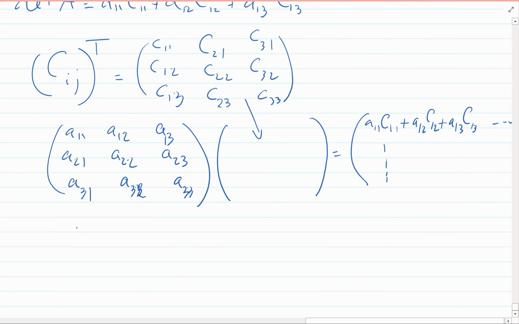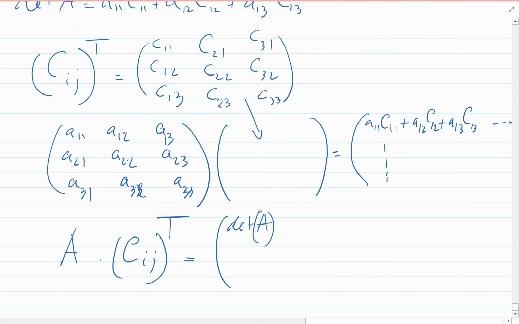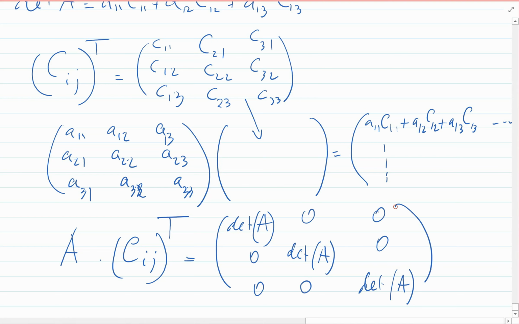So A times Cij transpose, what we are going to find is the determinant of A along the first row, the determinant of A along the second row, and the determinant of A along the third row. What happened to the other entries? It's easy to see that for the other ones, it's the determinant of a certain matrix where two columns are the same. And if that's the case, then you will find 0, 0, 0.